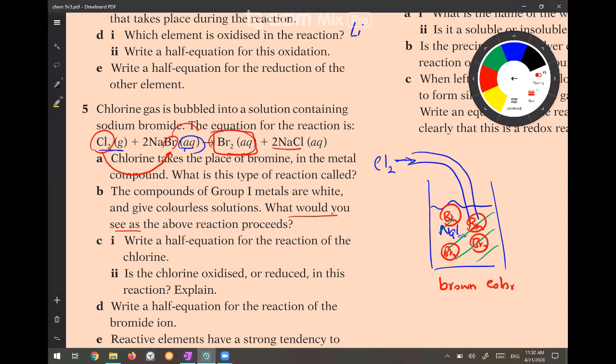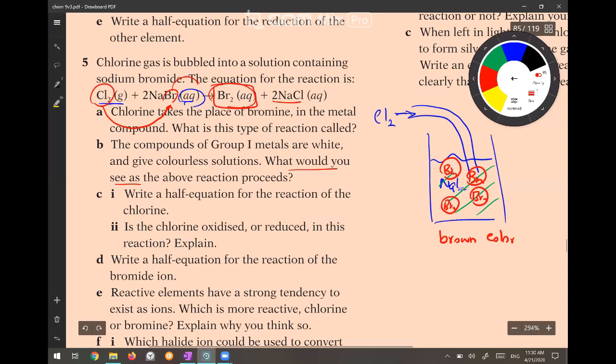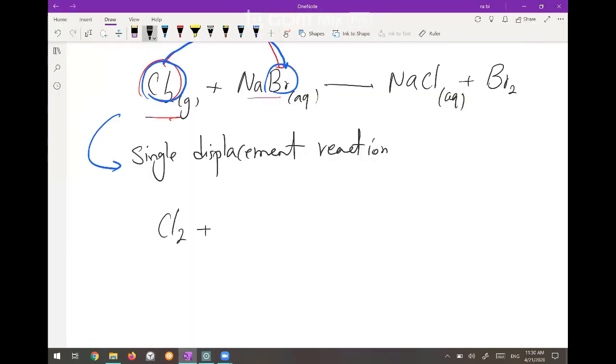Part C says write a half equation for the reaction of the chlorine. Is the chlorine oxidized or reduced in this reaction? And write a half equation for the reaction of the bromide ion. Cl2 reacts with NaBr. It converts to NaCl plus Br2.